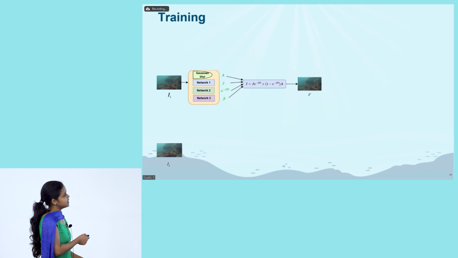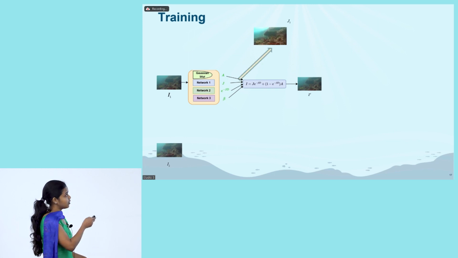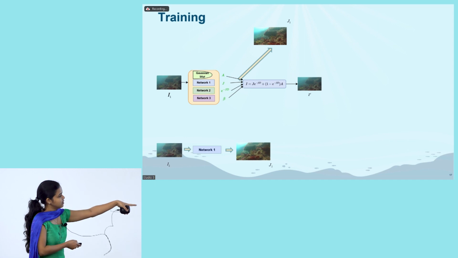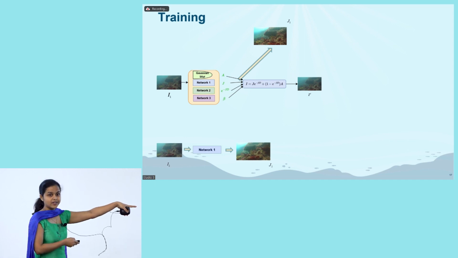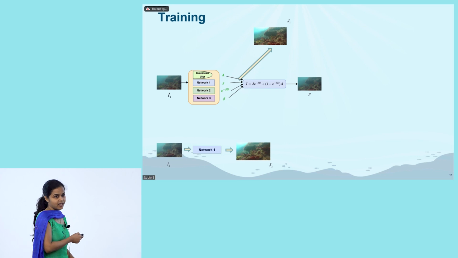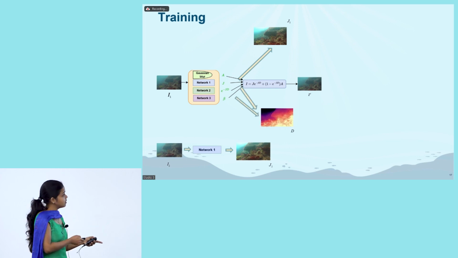Here J is my clean image that I can obtain from here, then I2 is also cleaned using network 1 to get J2. So, I have clean images from I1 and I2, then I find depth analytically using e raised to minus beta d. I can use logarithm to find depth from these 2 outputs.